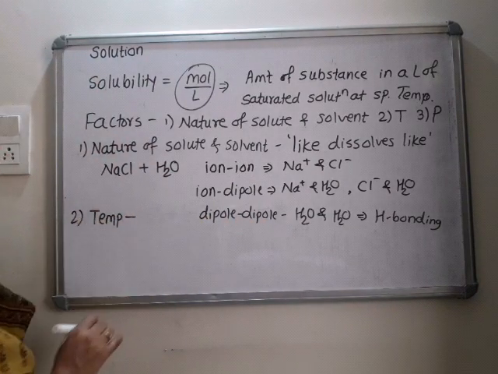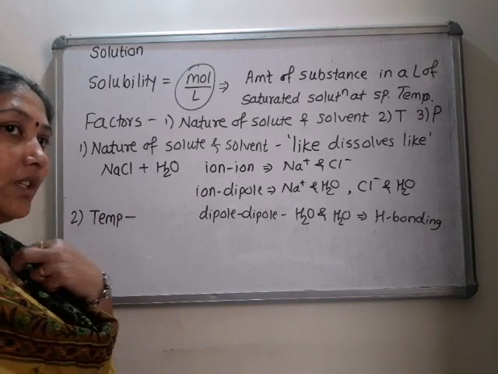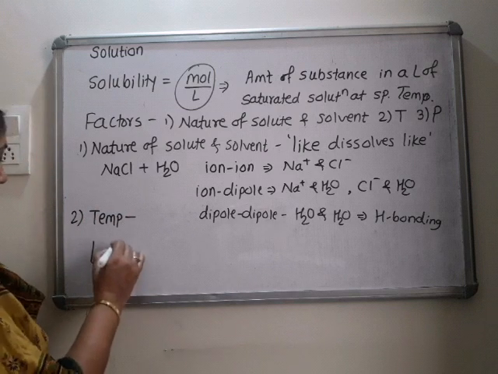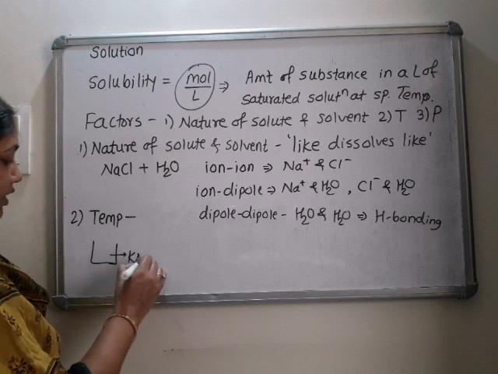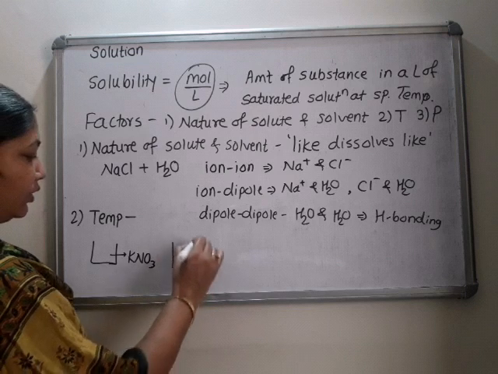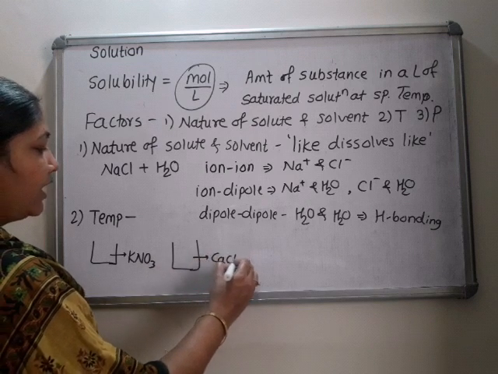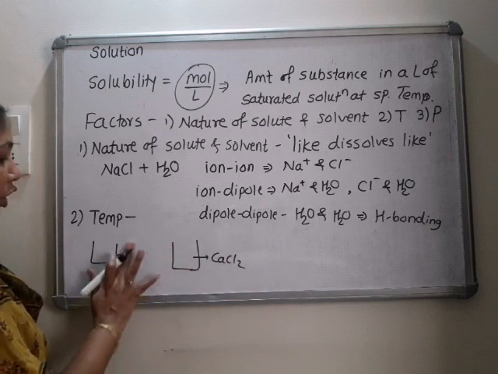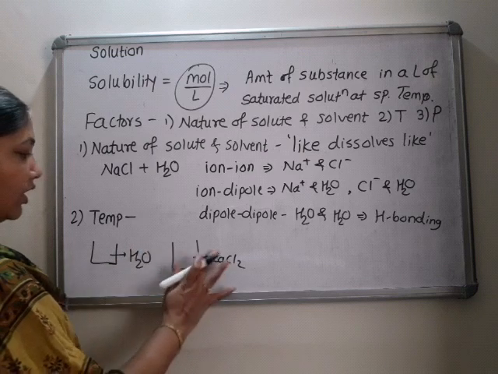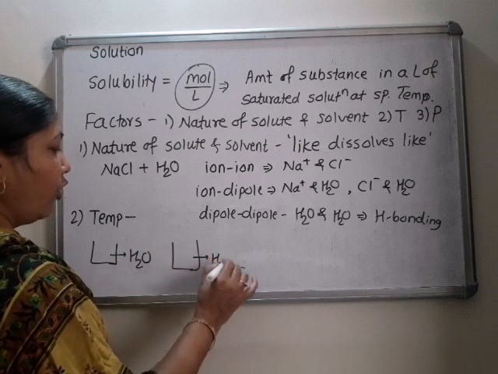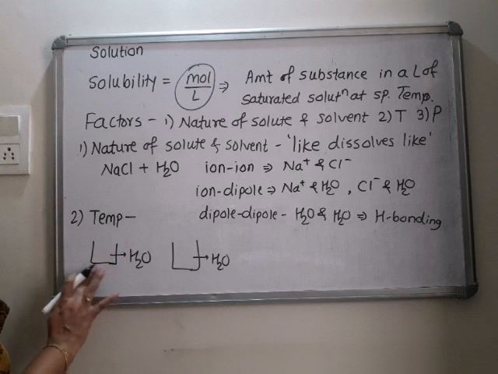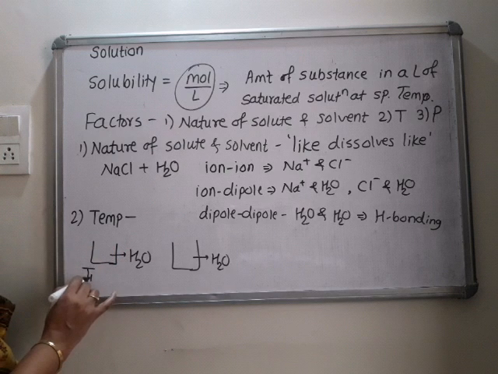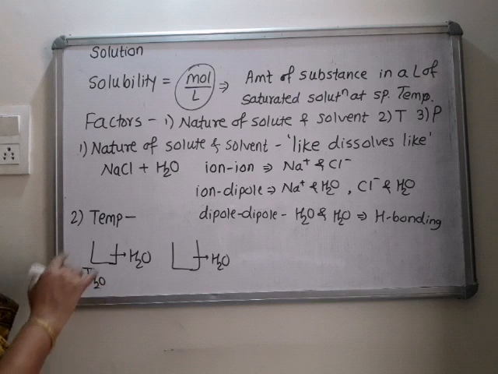How does temperature affect the solubility of a substance? See one experiment. Suppose here we have a KNO3 solution, and here we have a CaCl2 solution. First of all, this is water, and this is also water. Measure its temperature, say T1, just water. Here also we measure the temperature of water.